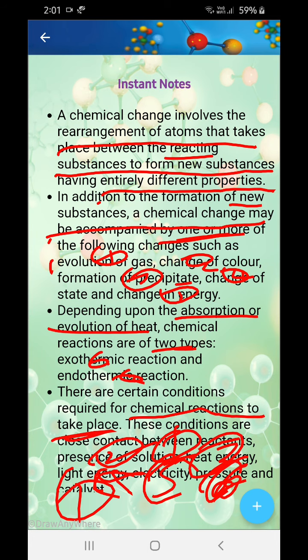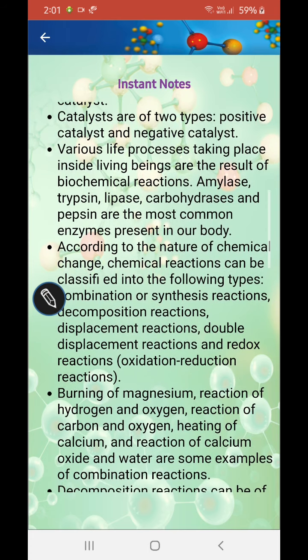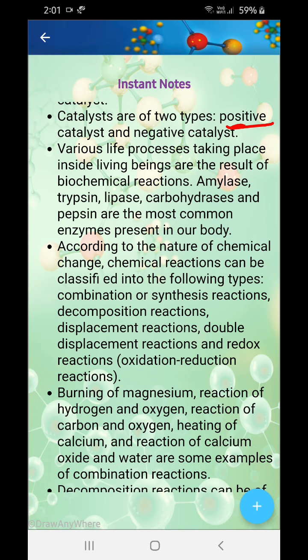Or you can have the catalyst also. These are the required conditions. Now catalysts are of two types: positive and negative catalysts.